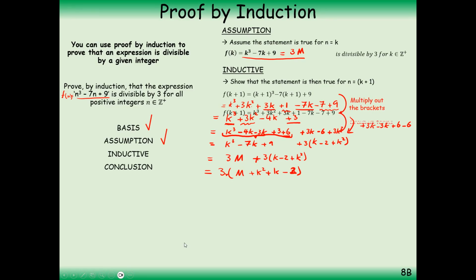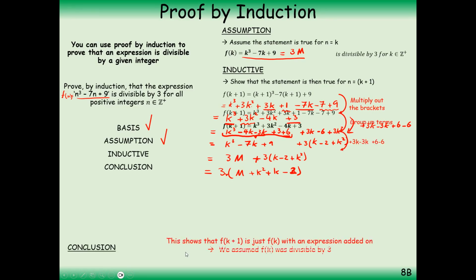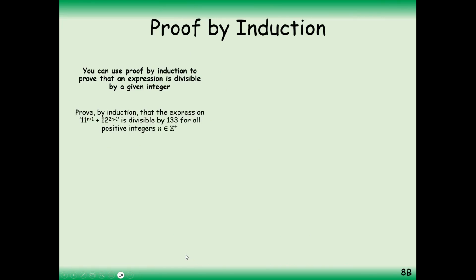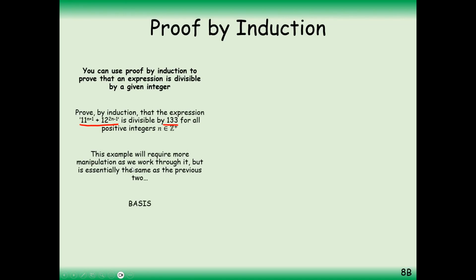Okay, so let's look at yet another example here. In this question, we've been asked to prove that this formula is divisible by a large number, 133. So first of all, we set up our stages of proof: a basis stage, then make an assumption and use it.